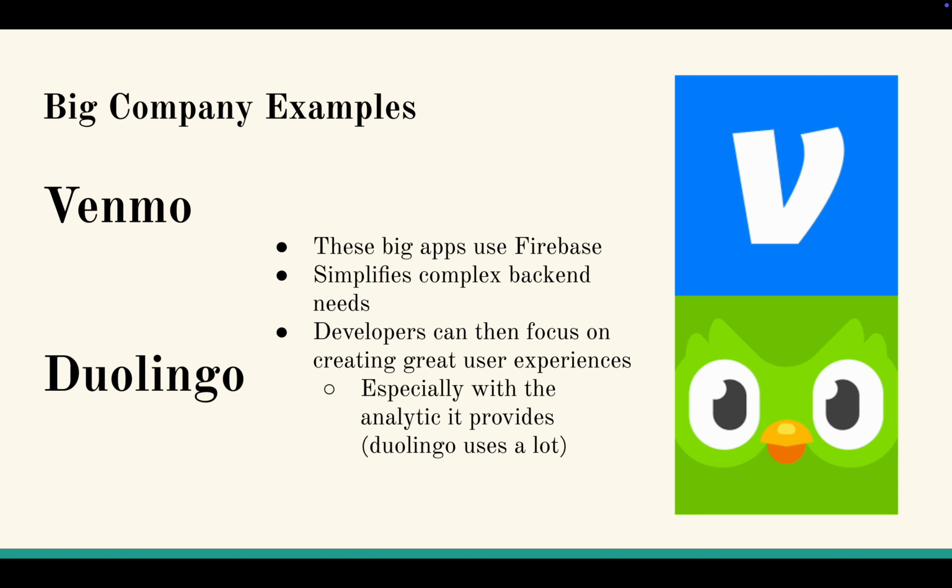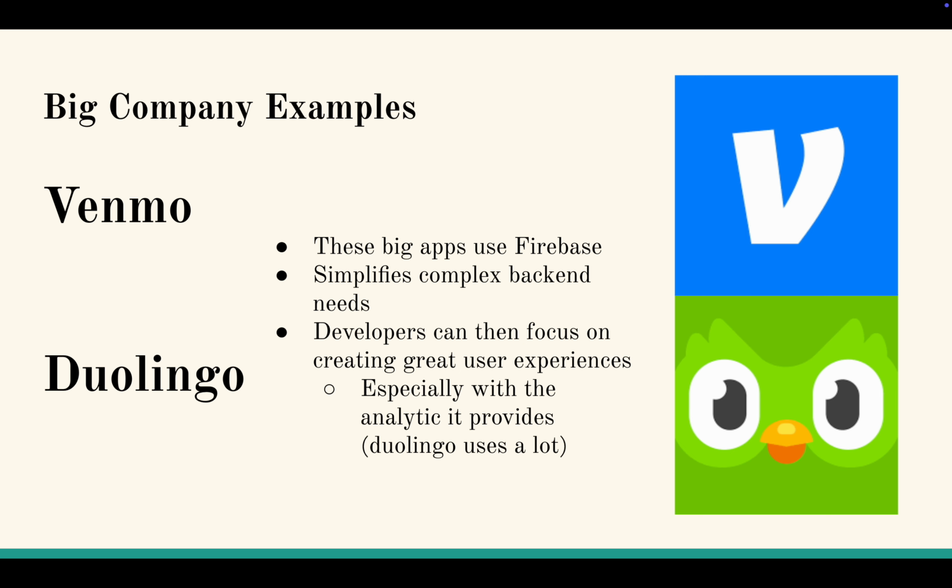Firebase has some pretty big companies that use it, such as Venmo and Duolingo, the big ones that we know. They have some pretty complex back-end needs, I'm sure, and they want to focus more on the user experience and the analytics section. So that's why they use Firebase, so then they don't have to worry too much about that back-end section.